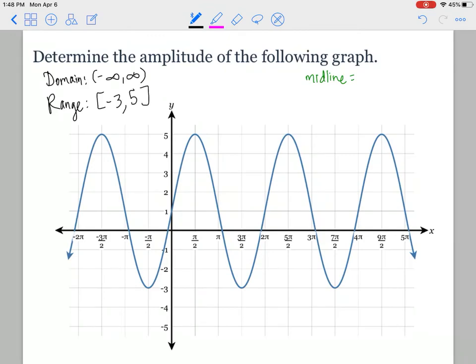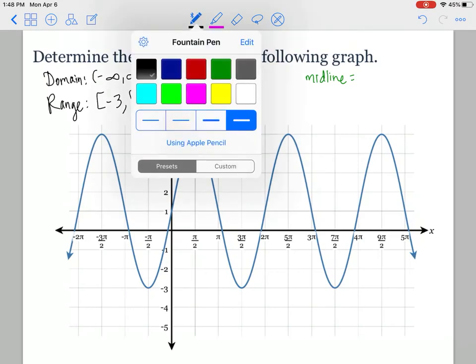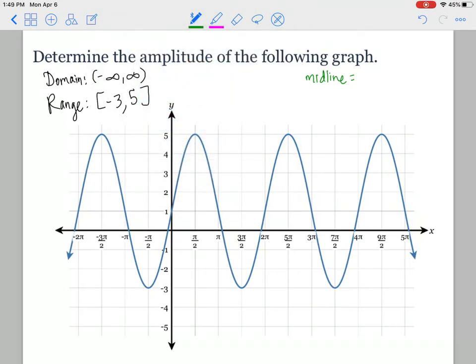So the domain goes on forever and ever, and the range went from -3 to 5. We can actually still answer the midline question. On the last slide, I should say, midline was what's in the middle of 5 and -3. So you could add them up and divide by 2 to find their average, if that helps.